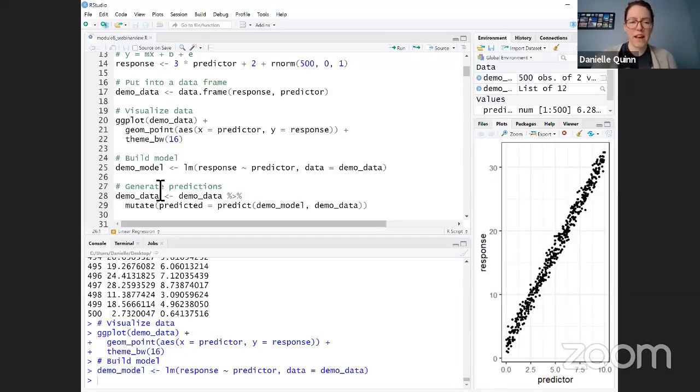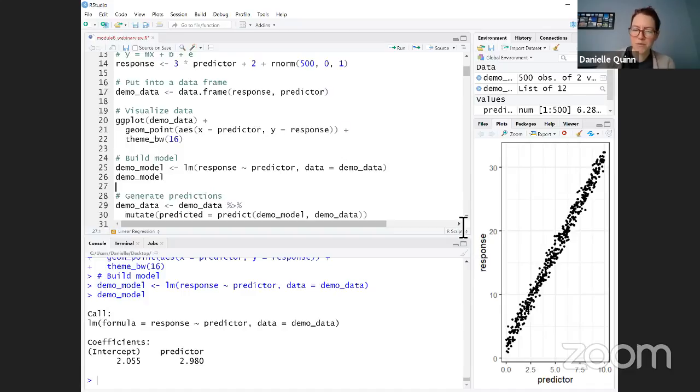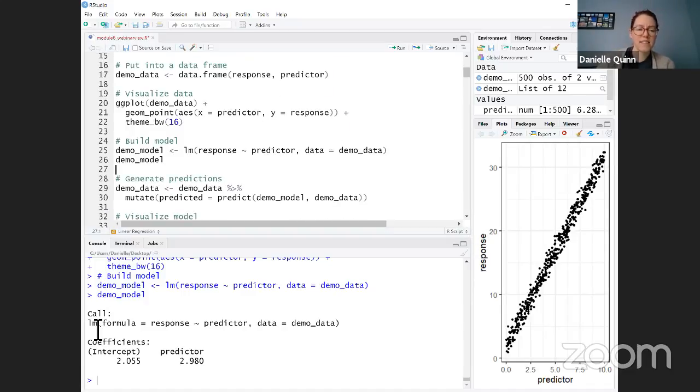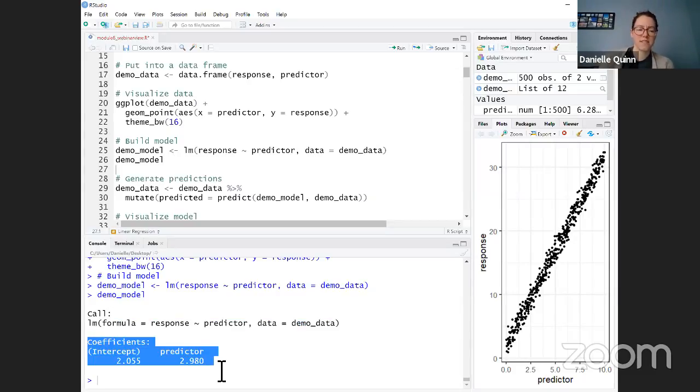Okay, and so if we look at what our demo model looks like, you'll see that it spits out some information, and at this point, it's fairly simple information. It tells us that this is what we tried to do, this is the model, and these are the resulting coefficients.